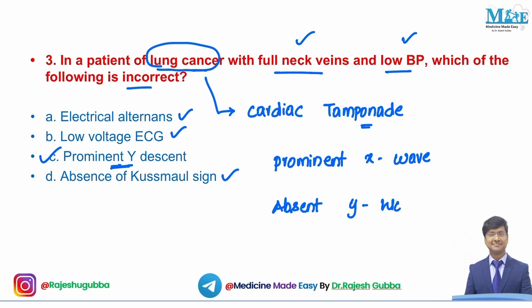The atrial emptying will not be there in patients with cardiac tamponade because of the diastolic collapse of the right ventricle. That is the reason why in cardiac tamponade you don't have the Y wave. So prominent Y descent is an incorrect statement, okay? Next question.